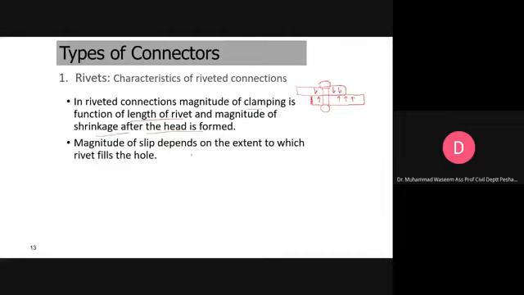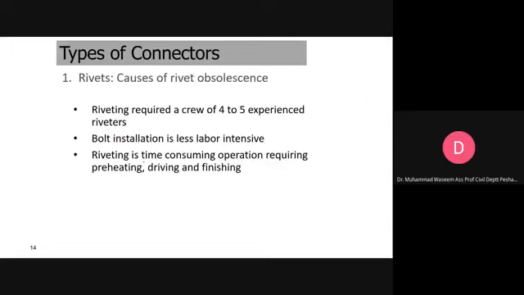Now the magnitude of the slip along the joint made by riveting depends upon the extent to which the rivet fills the hole. Riveting is now obsolete because it requires skilled labor. Riveting required a crew of five to seven experienced riveters.